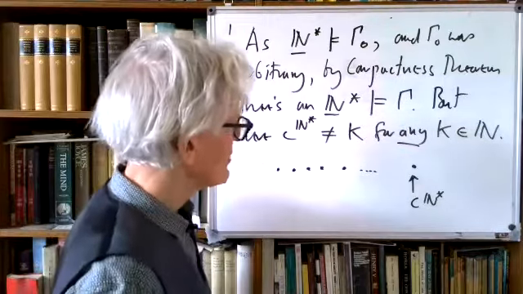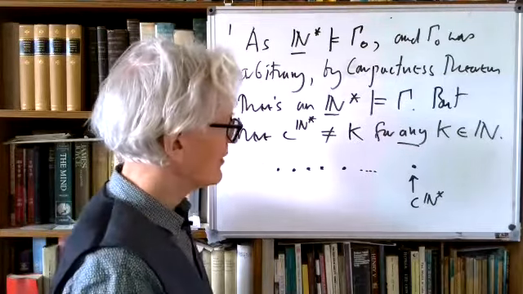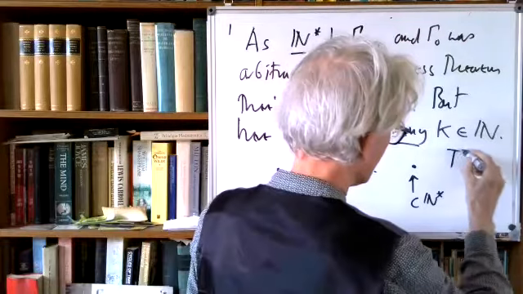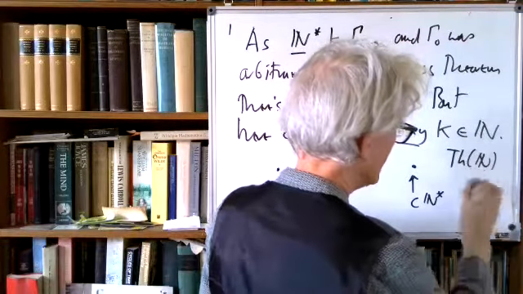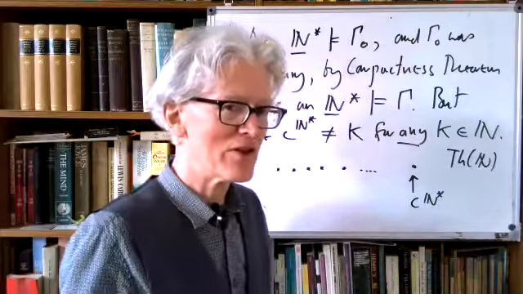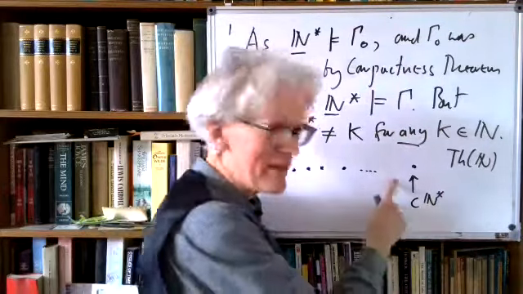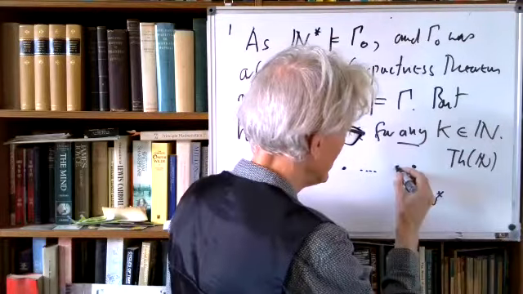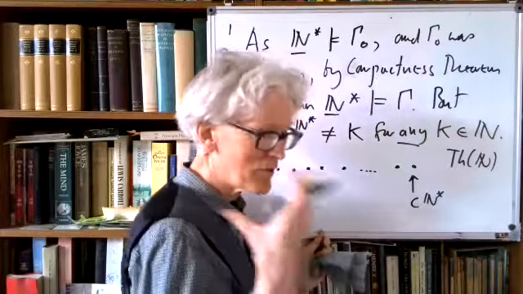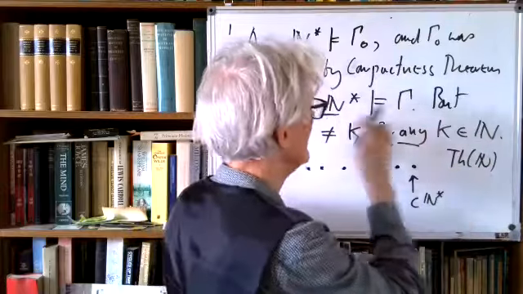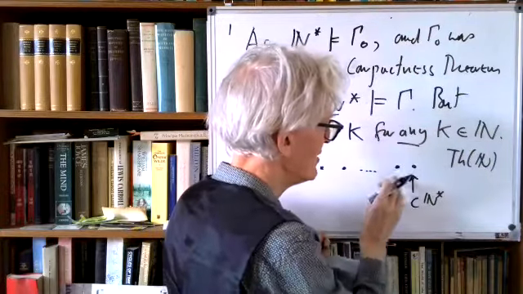But there's lots more you can say. After all, one of the truths of arithmetic is that every number that's not 0 has an immediate predecessor. Well, that actually means that this C has got an immediate predecessor, because what I just said is true here in n star. So C's got an immediate predecessor.